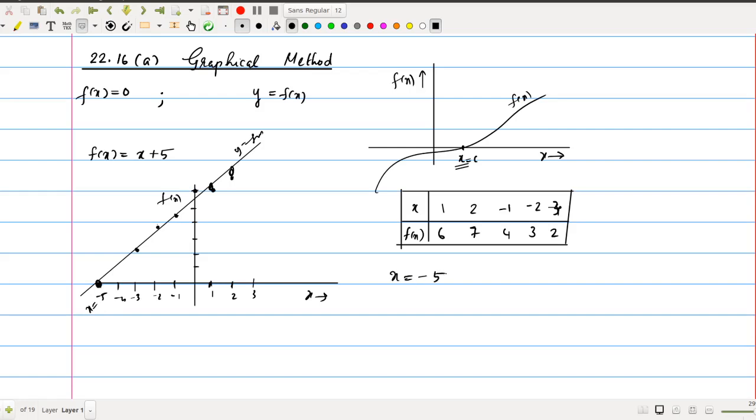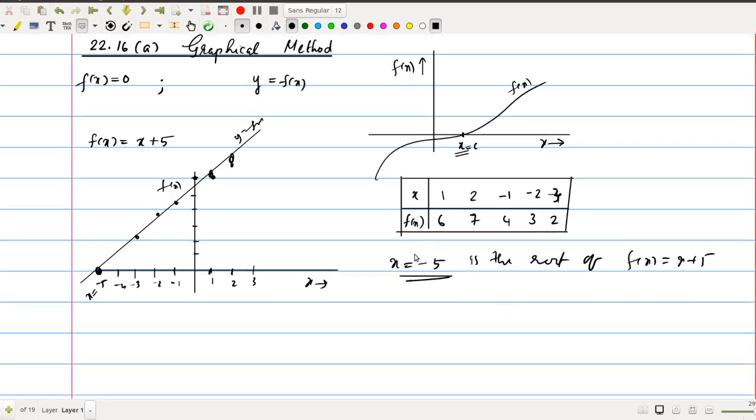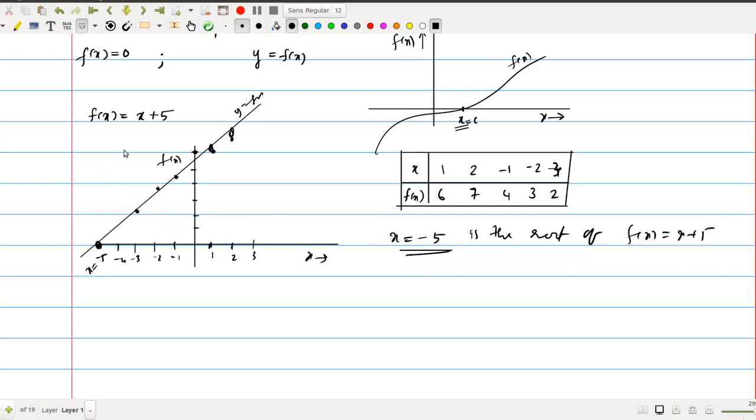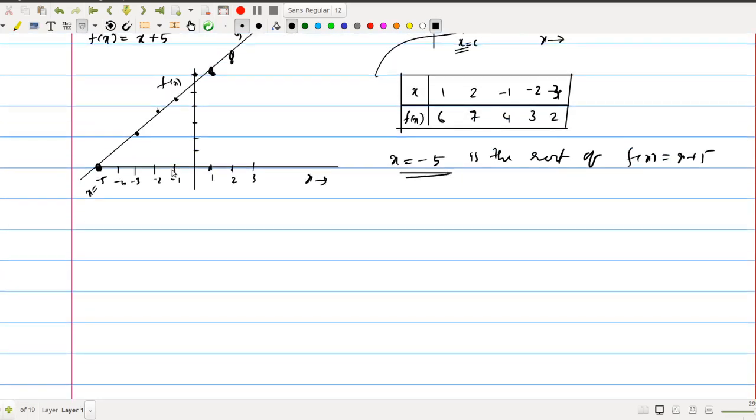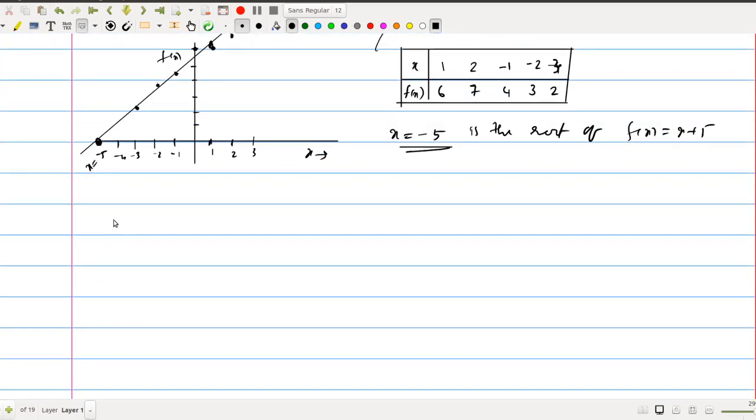Then x equal to minus 5 is the root of f of x equal to x plus 5. So this is the way we use the graphical method to solve this algebraic equation. But in some cases it is not so easy to draw the graph.